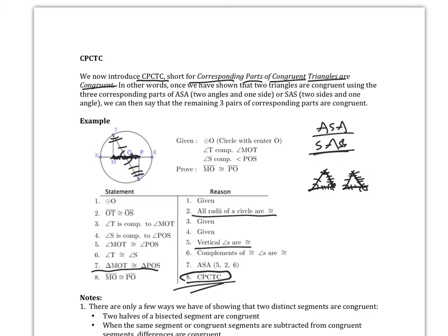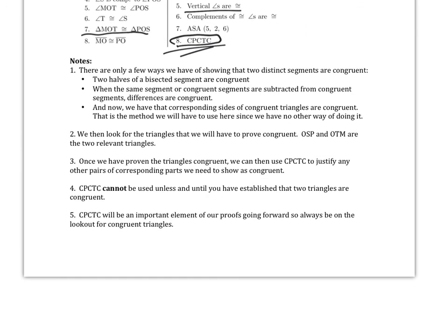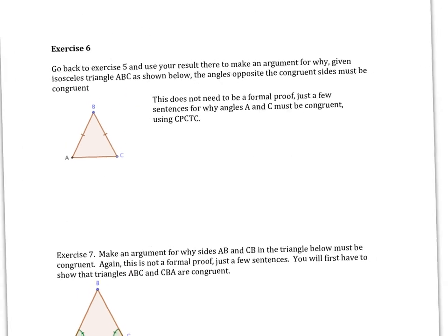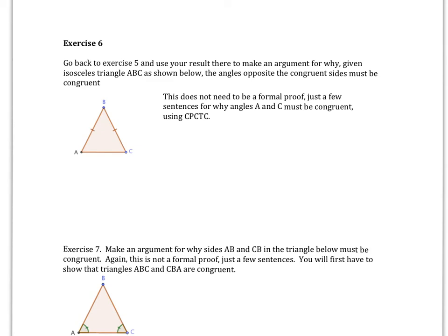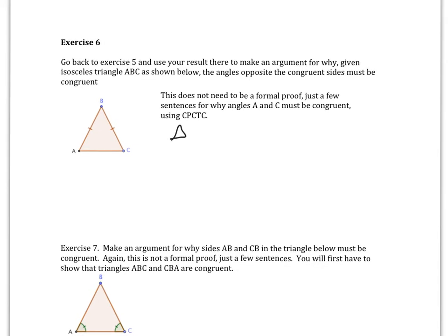Okay, moving right along. So these are just some things. Make sure you look over these notes because they're important in terms of how you use CPCTC. Before, in exercise 5, we showed that triangle ABC is congruent to triangle CBA, and we did that by SAS.